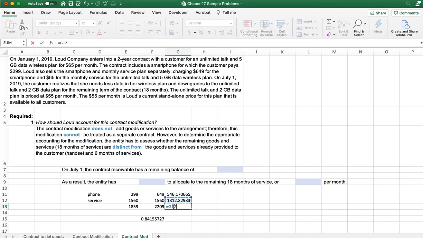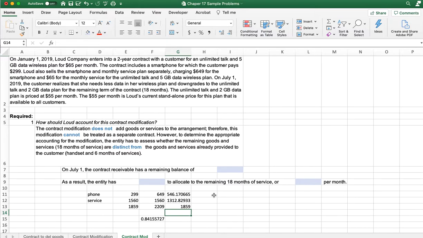And if we add those together, we're going to have that same $1,859. And so this is allowing us to figure out how to allocate the monthly payments towards the phone, so that contract receivable versus the service or just sales revenue.